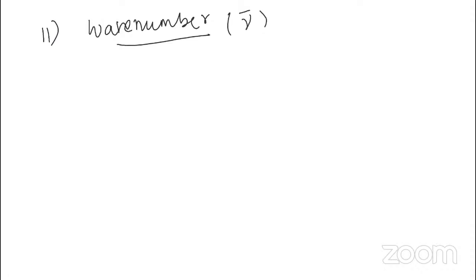Next one, wave number. It is represented by the letter nu bar. Now write the formula: nu bar is equal to 1 by lambda. Lambda is nothing but wavelength.